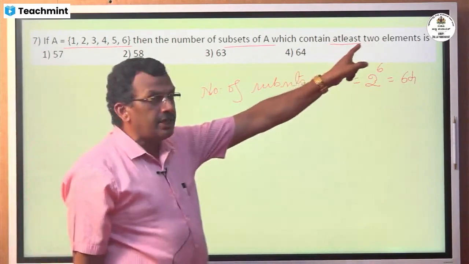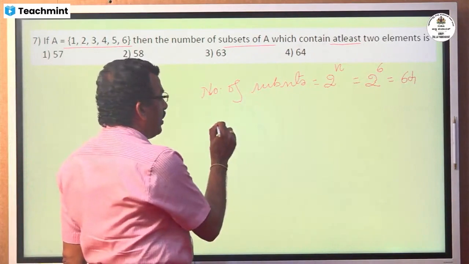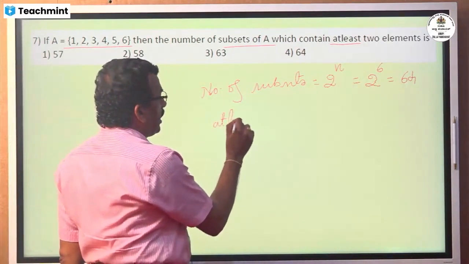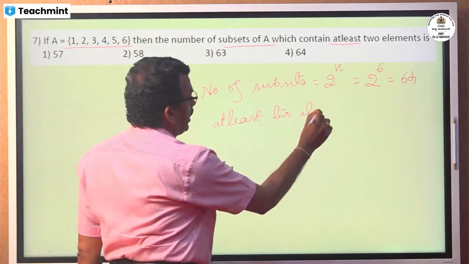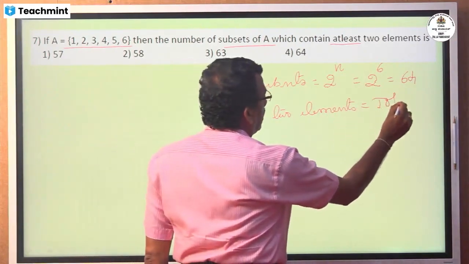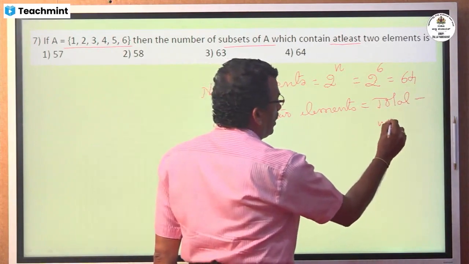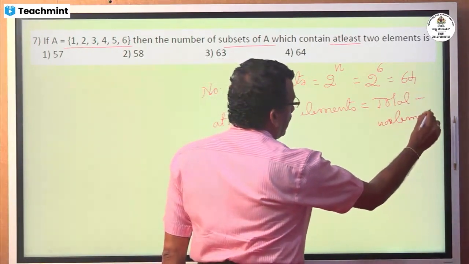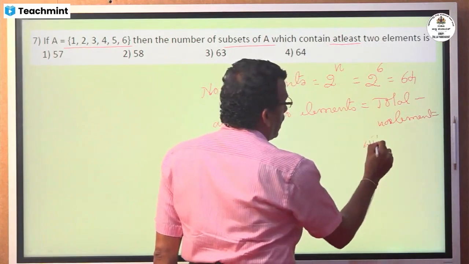Now the question is, with at least 2 elements, ಎರಡು ಎಲಿಮೆಂಟ್ಗಳು ಇರಲೇಬೇಕು. At least 2 elements means total minus no element, again minus with one element.